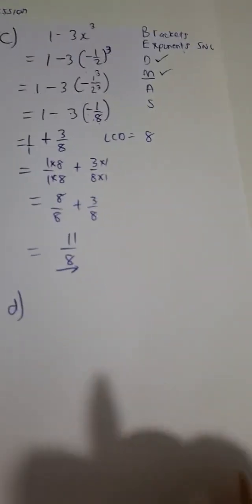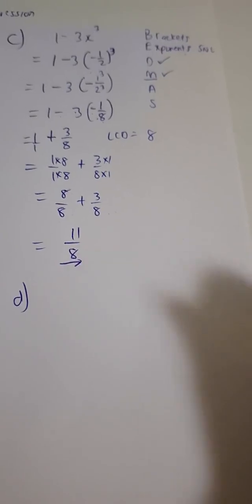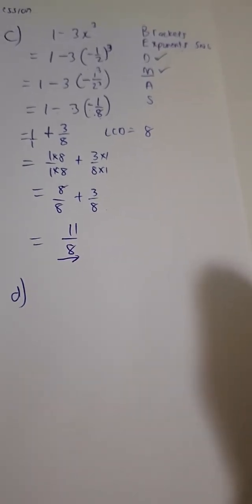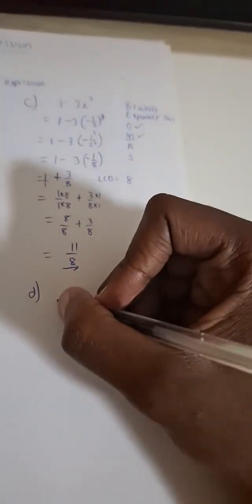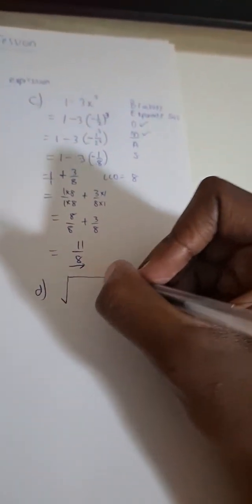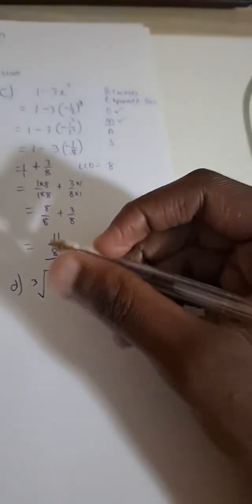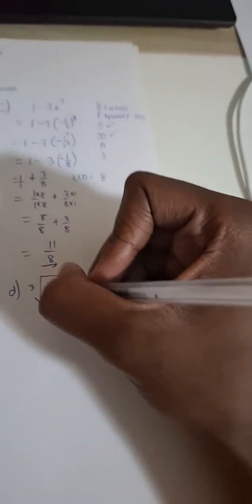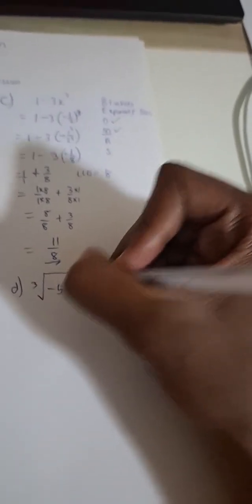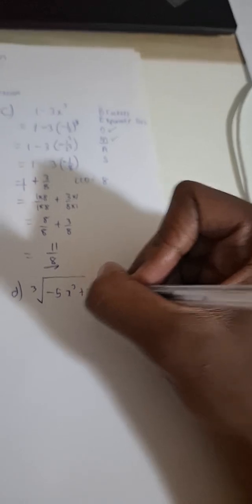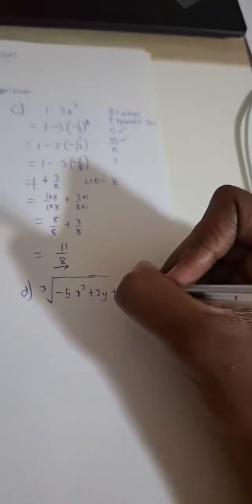Number D, let's look at another one. Let's just say one more with the substitution thing. Let's look at this one. The cube root of negative 5x cubed plus 2y plus 7.